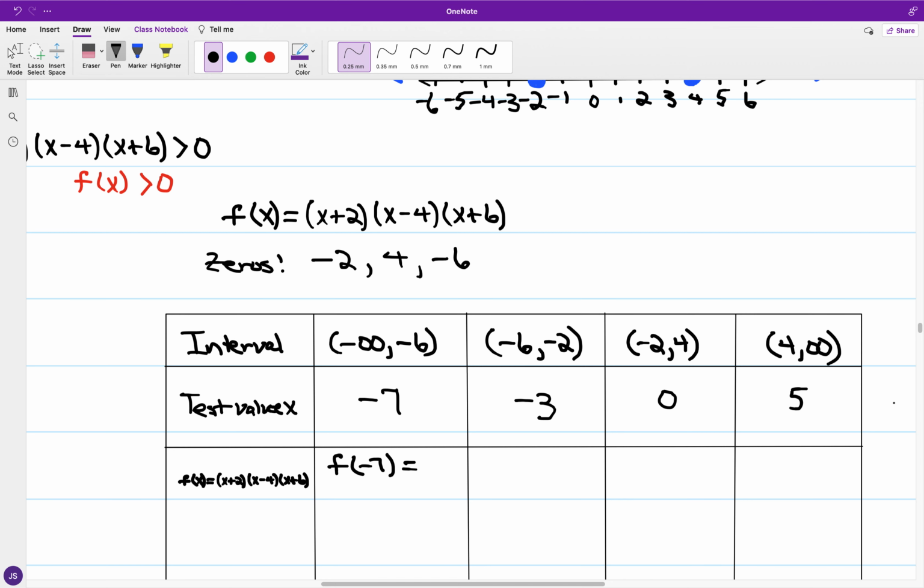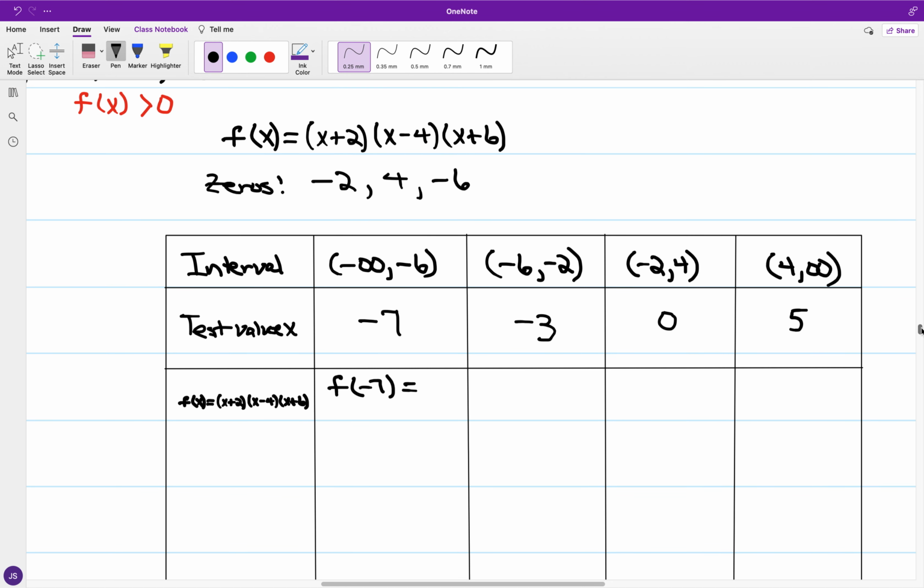Now for the input value of -7: -7 plus 2 is -5, -7 minus 4 is -11, and -7 plus 6 is -1. And this output will end up at -55.